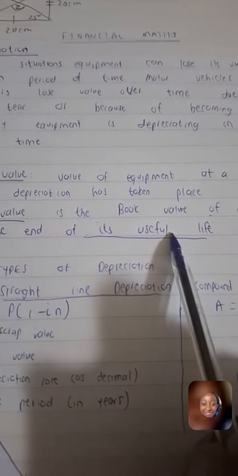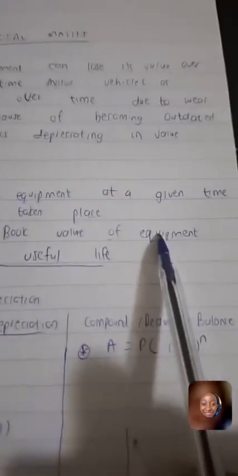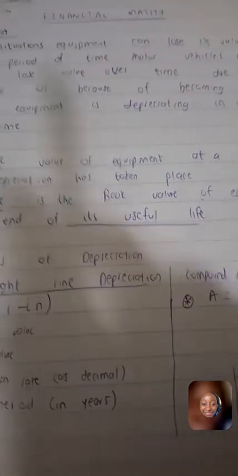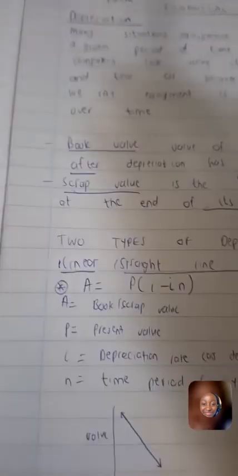So yes, these are both after a few years have passed. But the difference is your scrap value is a book value, just of that particular equipment at the end of its useful life when we no longer have to use it anymore. Yes. So it's just further down.